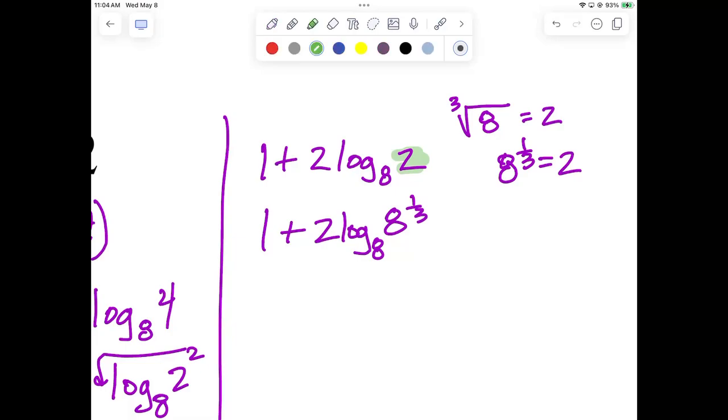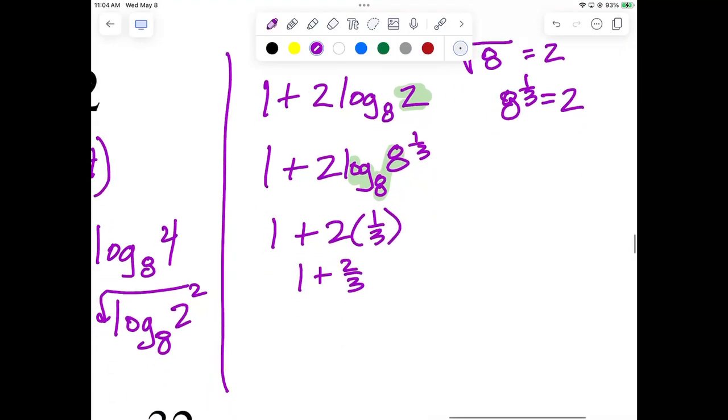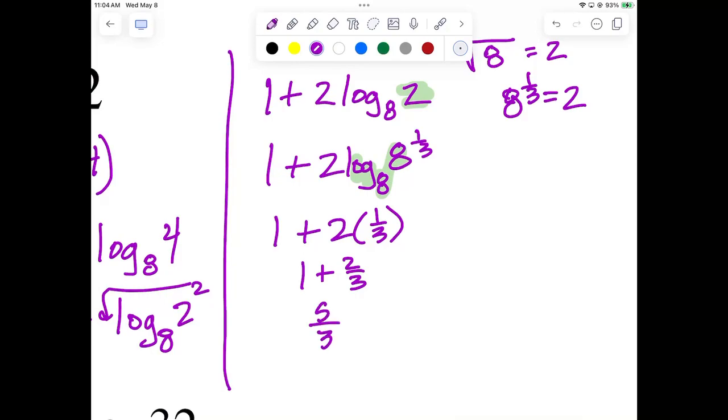And now I can figure that out. What's log base 8 of 8 to the blob? Blob. So I get 2 times a third, which is 1 plus 2/3, which is either 5/3 or 1.667.